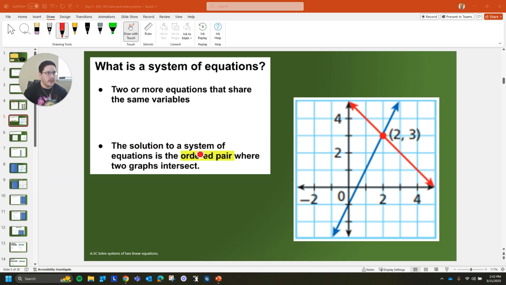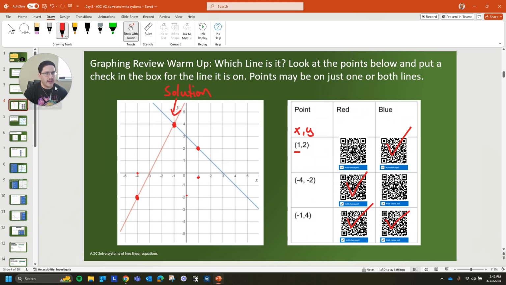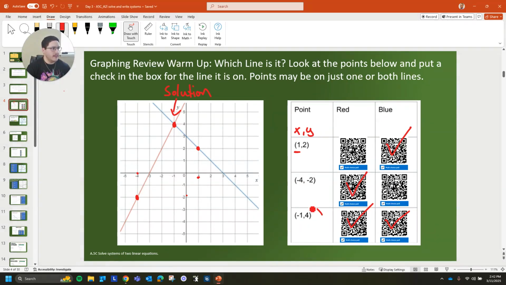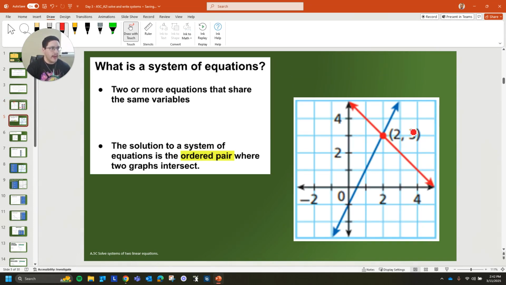And again, we call the solution to a system of equations the ordered pair where the two graphs intersect. So before, the solution in the previous slide was (-1, 4). That is the solution to this system of equations, whereas the solution here, where they cross, is (2, 3).